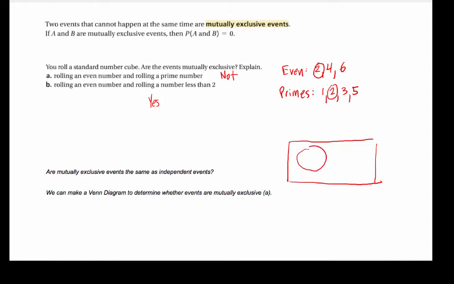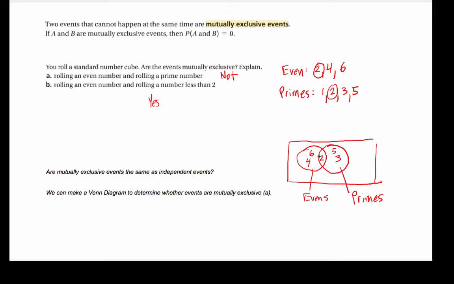Let's say we have one set in here that represents our evens, and we have one set in here that represents our primes. If we put our numbers in here, we can put 4 and 6 in the evens. We have to put 2 here though. 5 and 3 are primes. But 2 we have to put in the overlap of the two sets.